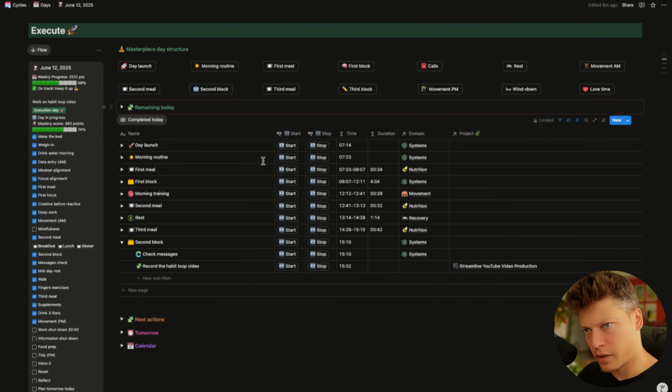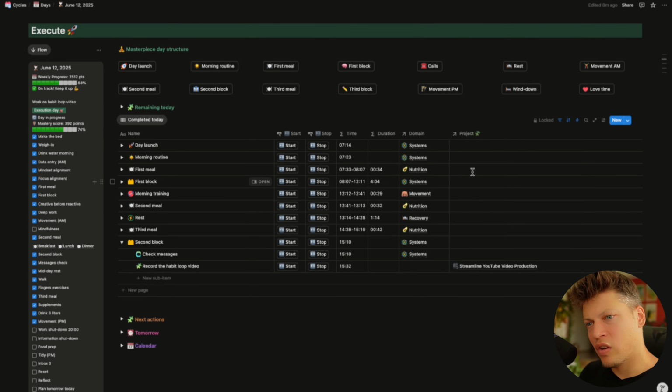Obviously, you are familiar with habit checkboxes. This is something that's very common to habit trackers. But what you often see is that they're kind of arranged randomly, or at least they're not used to drive execution or to queue the next action, which is what is different with the checkbox flow that you see here on the left.